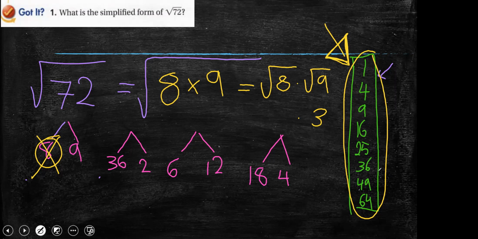I will describe it for you in other words. If you look at number 8, is 8 a prime or composite number? Composite. So if it is composite, I cannot say this is the simplified one, because I can write it as the square root of 4 times 2. Then I will simplify it more and more.